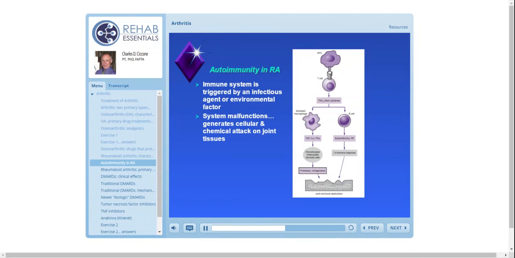And we believe that's true here. In any event, the immune system malfunctions and generates this attack on the cellular tissues. The destruction can be pretty remarkable in terms of its intensity. So controlling this autoimmune response becomes very critical in helping maybe even control or modify the progression of rheumatoid joint disease.